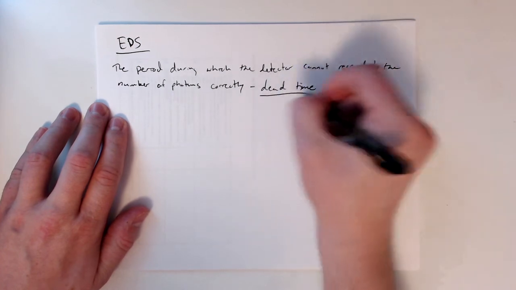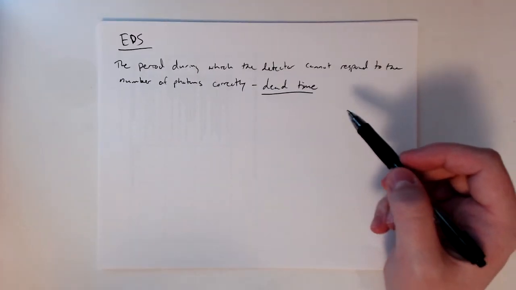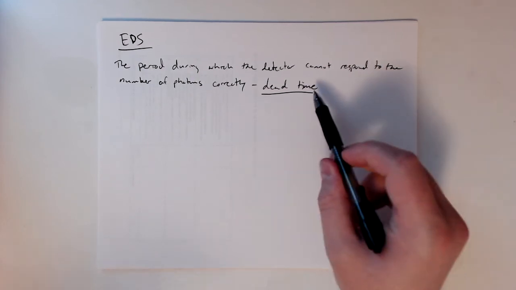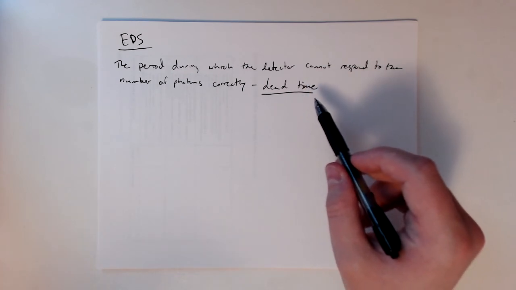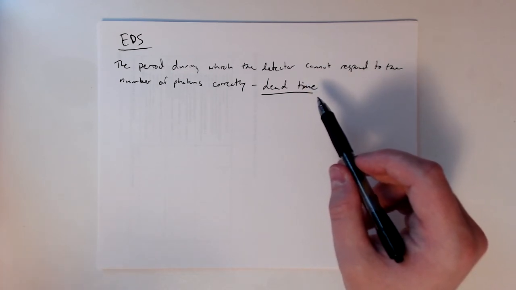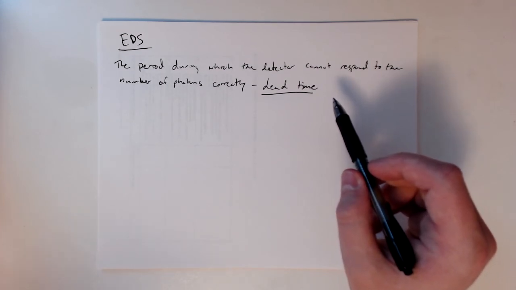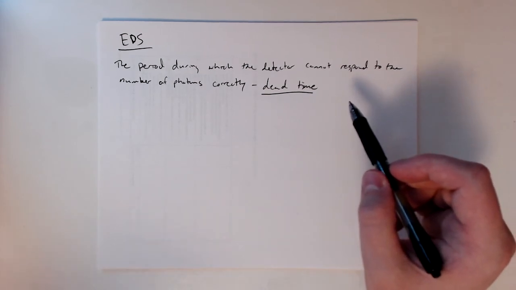So when you're using an EDS, particularly the most common one that you're going to use is with an SEM, and this is where electrons are the incident beam, but the concept is the same. The dead time is something that you might see when you're dealing with the EDS software. And so this is basically the time at which the detector can't respond to more photons correctly.